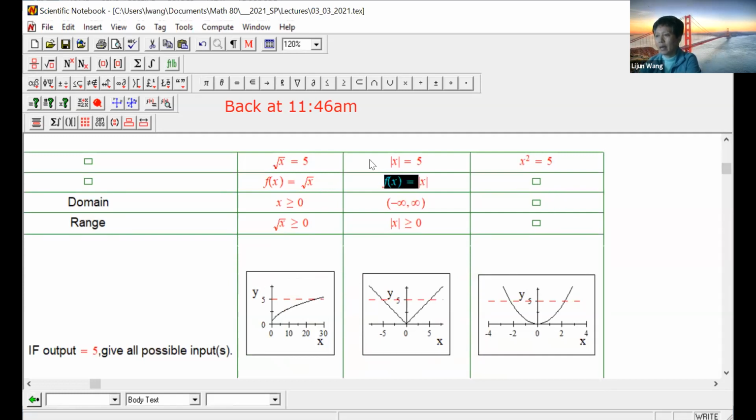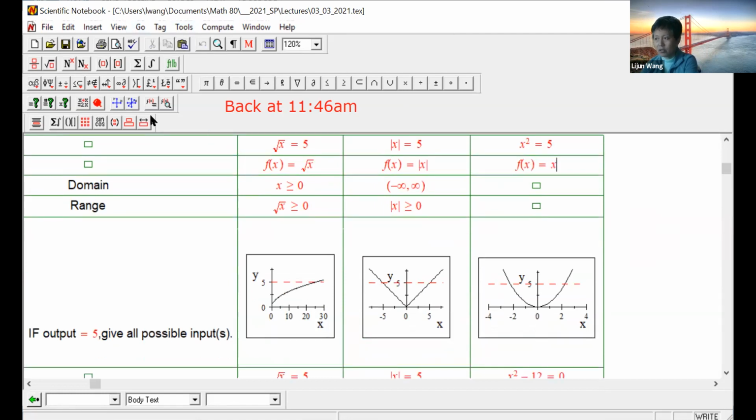And this time, what is the rule? The rule has changed to be x squared. What is the domain and range for this one? What's the domain for f of x equals x squared?